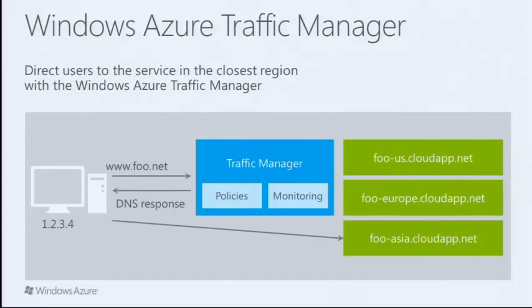And if they're not, so let's say we're polling foo Azure, let's say after a few tries we don't actually get a response from you, we're going to take that out of rotation. So we'll stop routing traffic to that data center. We'll keep monitoring it because when you bring your app back online, we'll actually automatically configure that back into the Traffic Manager.